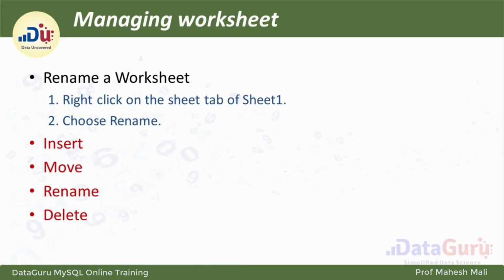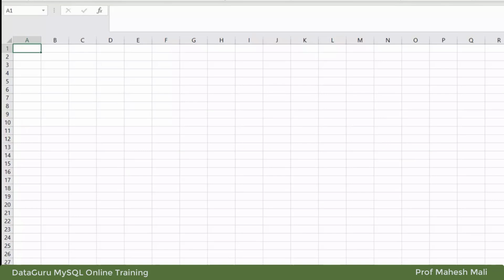Now, managing the worksheets. As I told you how to add a worksheet, we can move a worksheet, we can rename the worksheet, and we can delete the specific worksheet. Okay, let us go and check. Here we can add the worksheet. You can rename.